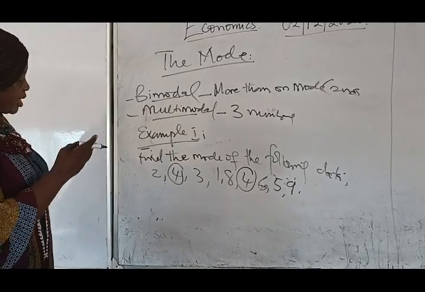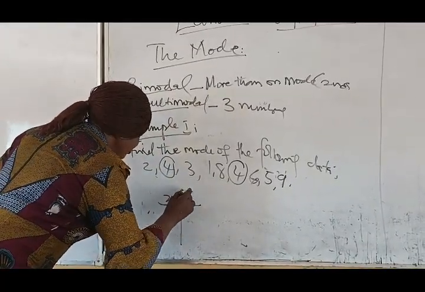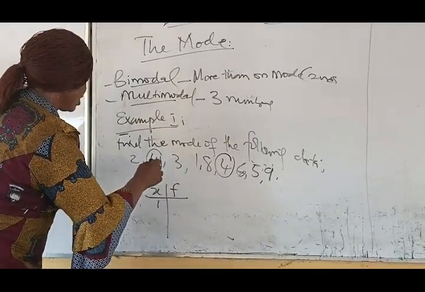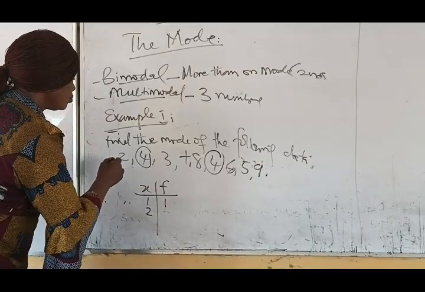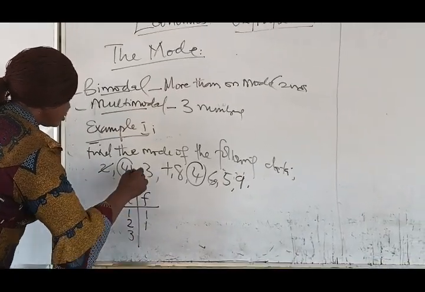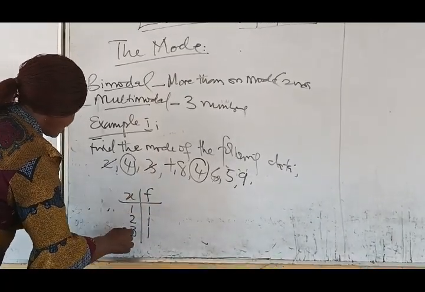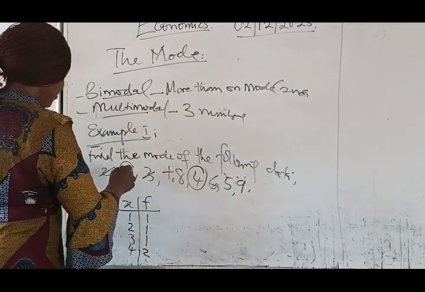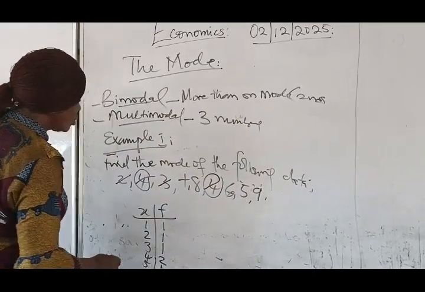Or, if you cannot discover it, you can just put a small table, x and frequency. You start with 1. How many times does 1 appear? Once. You have 2, once. You have 3, once. You have 4. How many times does 4 appear? 2 times. After 4, we have 5, also once.